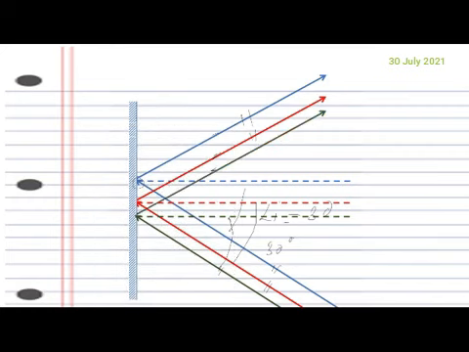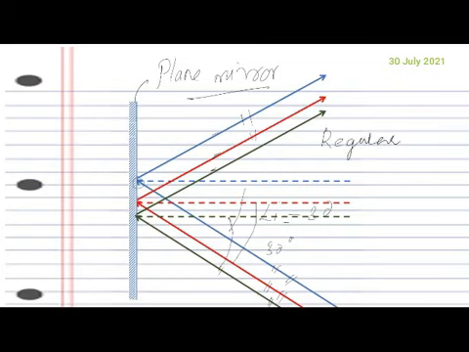So the point to be noted here is that when incident rays are parallel to each other, then the reflected rays also go parallel to each other in the plane mirror. Remember this. Okay. And if this type of reflection takes place, then that reflection is called regular reflection.